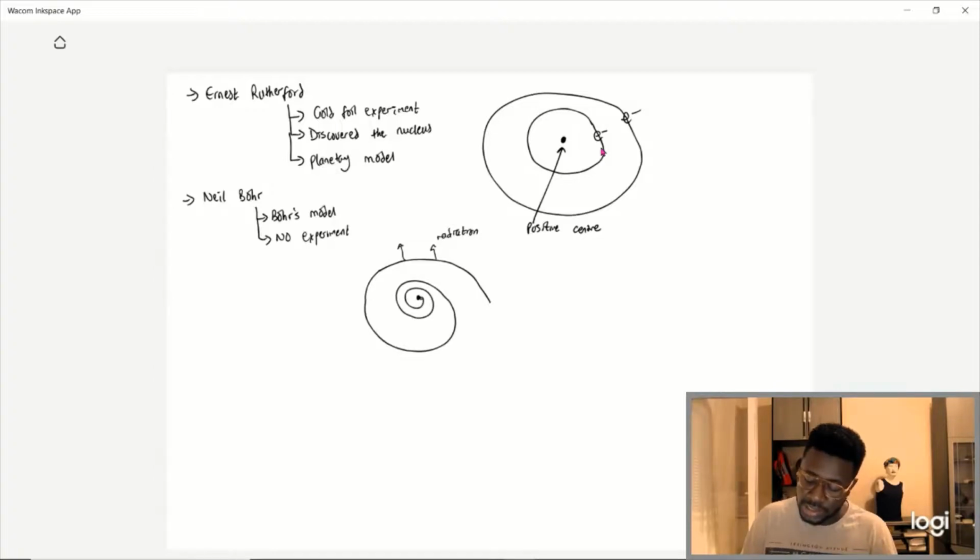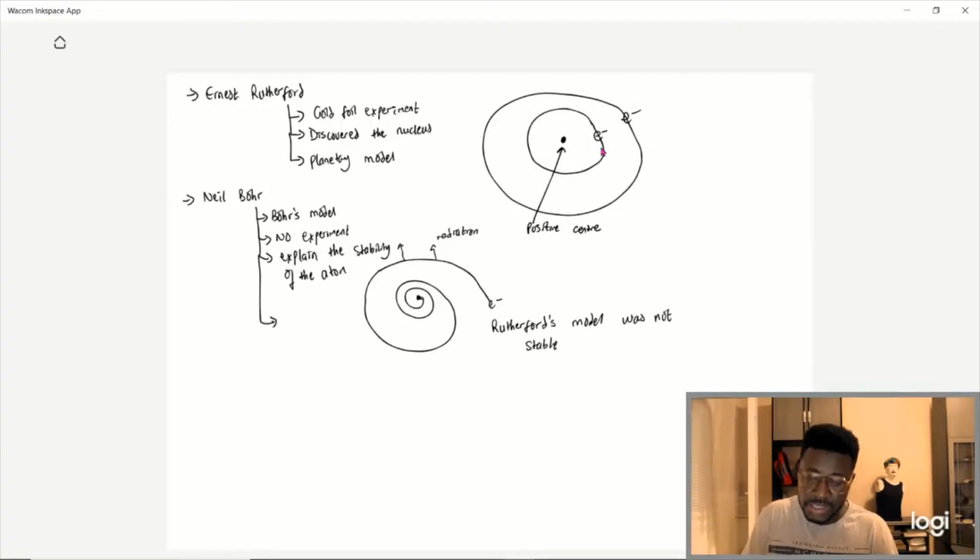And then it will collapse into the nucleus. So Rutherford's model was not stable. So Bohr was able to explain the stability of the atom.